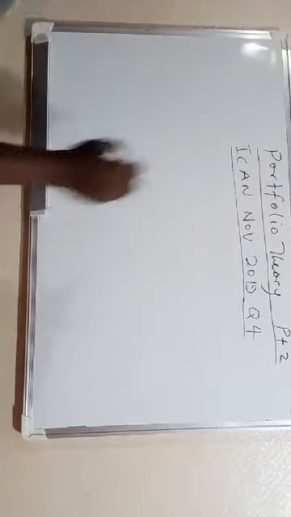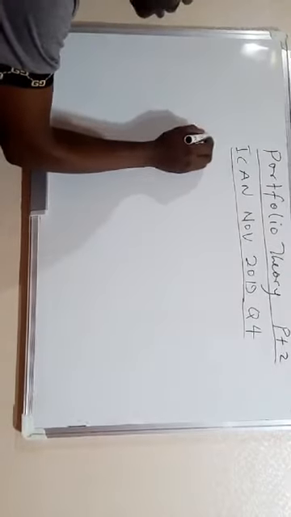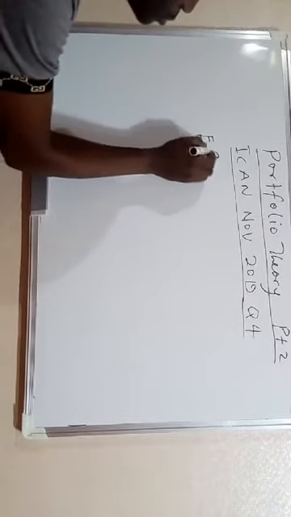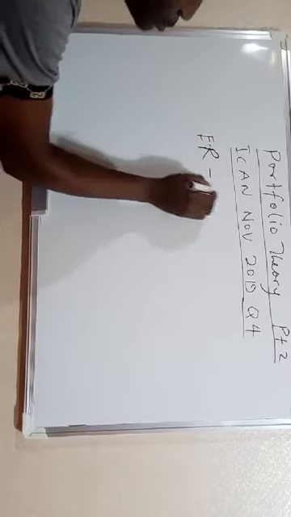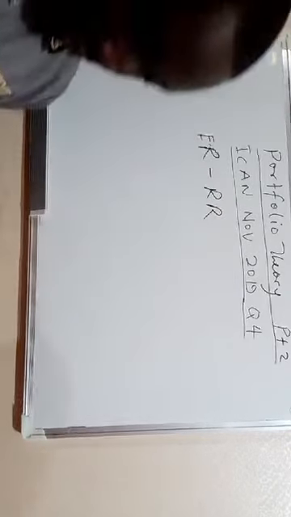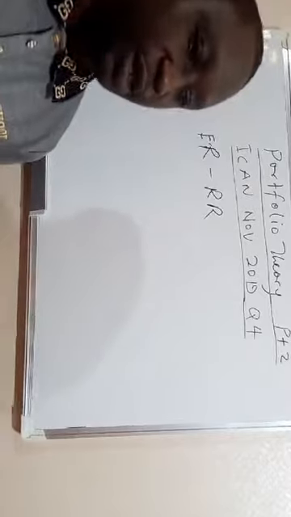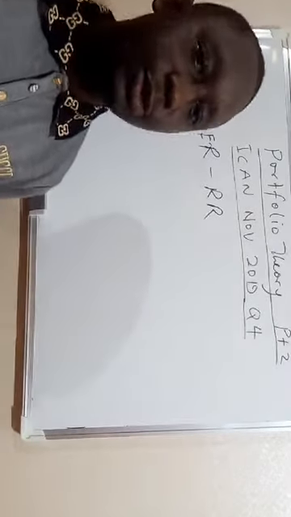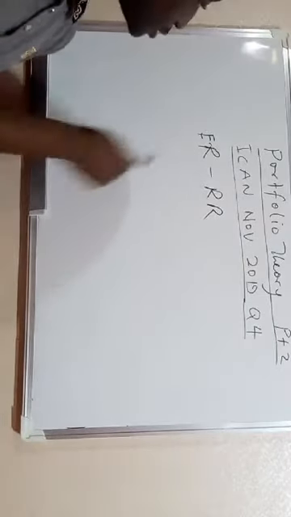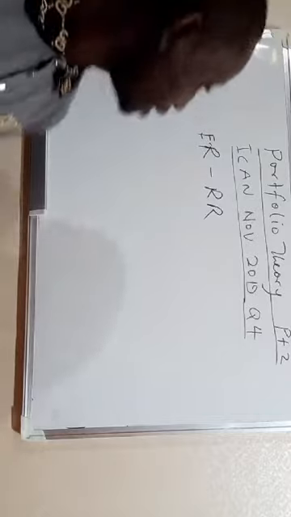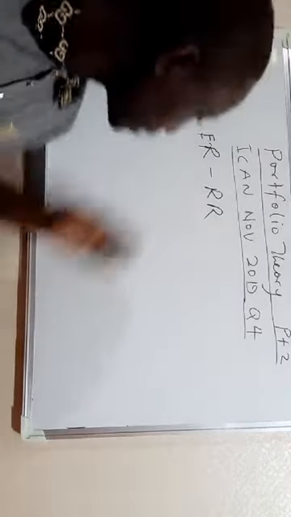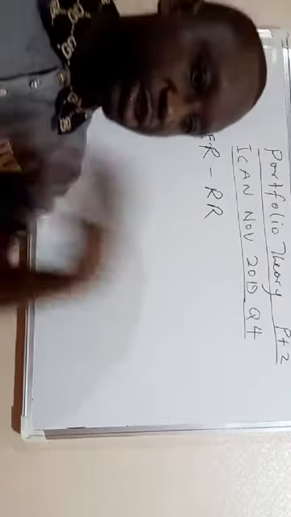Now, for it to lie on the capital market line, there's the expected return. If you invest in a security, there is what we call expected return and there's what is called required return. Expected return is the projection.